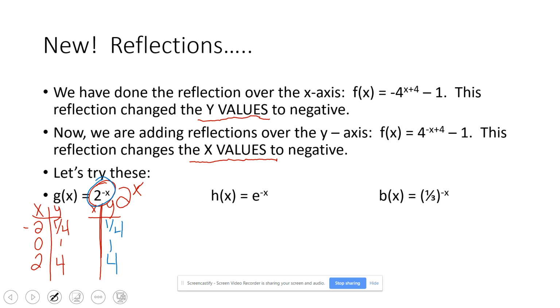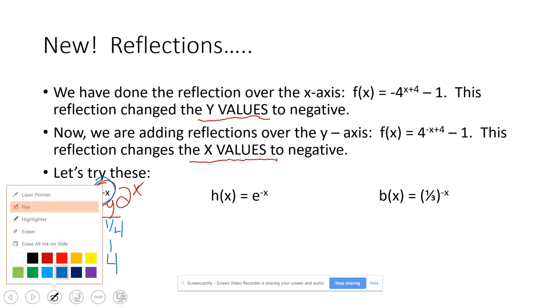So -2 and the 1/4 point is now going to be +2. 0 doesn't have a positive or negative, so it stays 0. And then our last point was at +2, 4, so the reflection will be -2, +4.